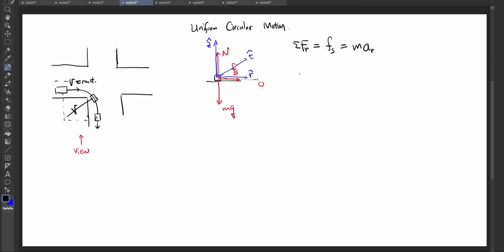All right, now in the tangential direction, there's nothing, right? Because the car here is moving with a constant velocity, right? So we should not have any friction force along that direction. Okay, so friction force is totally along the radial direction. So again, nothing here.